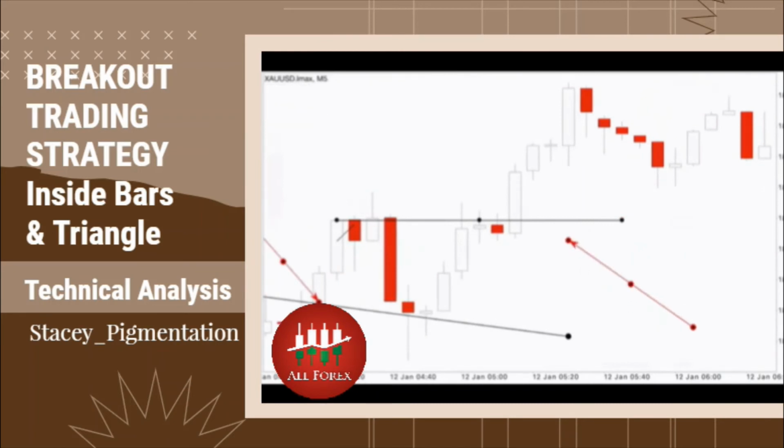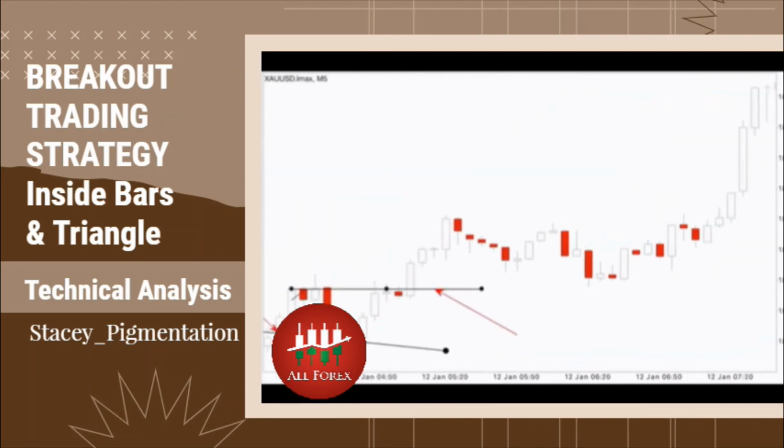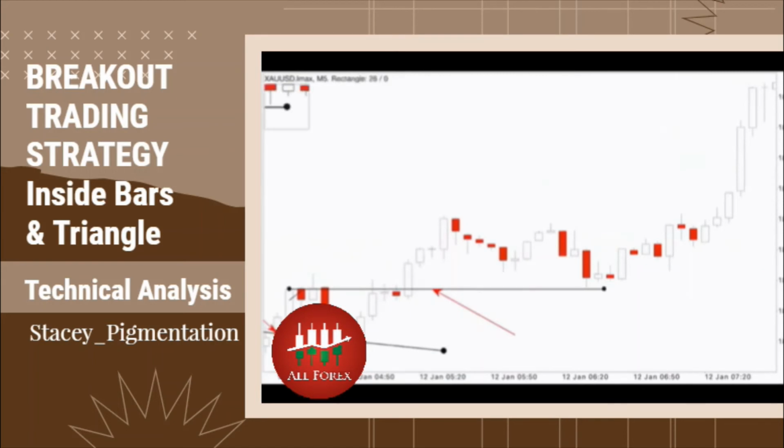That's why I guarantee you that the strategy works best, unless we have emergency news like what just happened to Nasdaq, and then it messes up our entries. You can see it broke that line, came back to test, but continued going up.